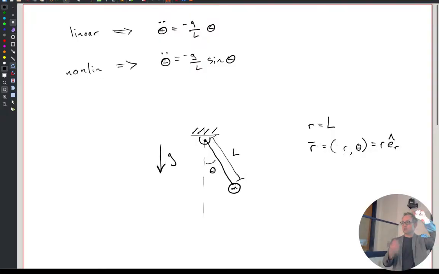Yes, gravity's still acting on it, but at that point gravity's not moving it in the theta direction. At least when theta is 0, there's no acceleration. Acceleration's always some function of how far away from 0 we are, based on how this diagram is working out.